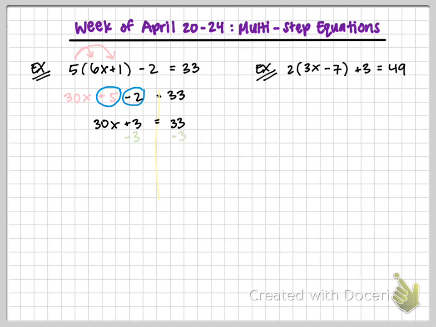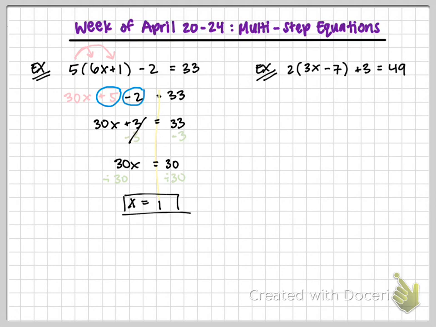Now I have 30x, this cancels, equals 33 minus 3 gives me 30. I can go ahead and divide by 30 now to get rid of the 30 on the other side. Get x alone. And now I am left with x equals 30 divided by 30 equals 1.